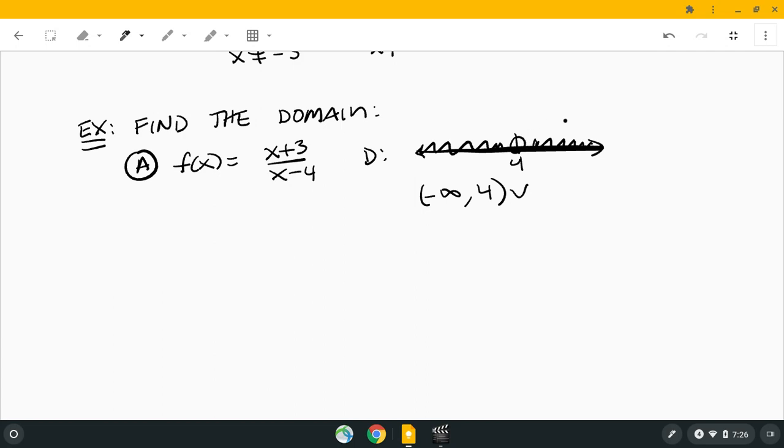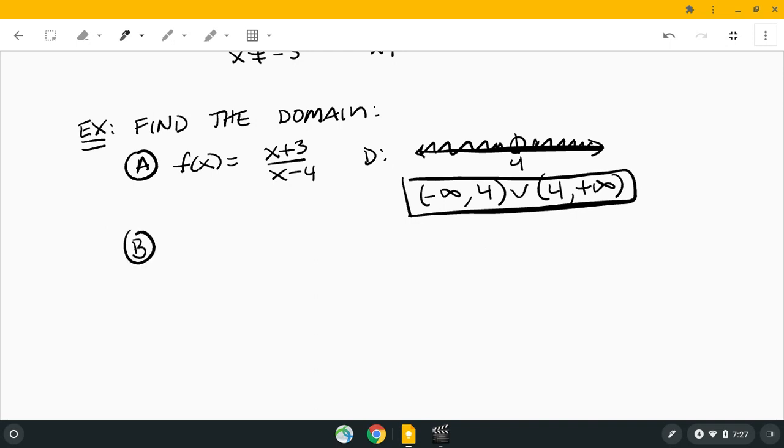That's 4 to infinity, but don't include 4, so use parentheses again. So that's one of the old ones that you had before where you only have the one value to exclude. Let's take a look at some newer ones where you have to factor.